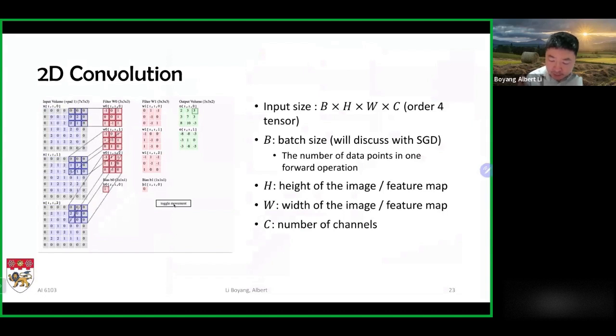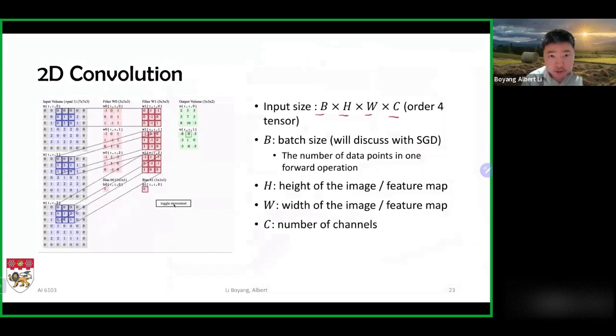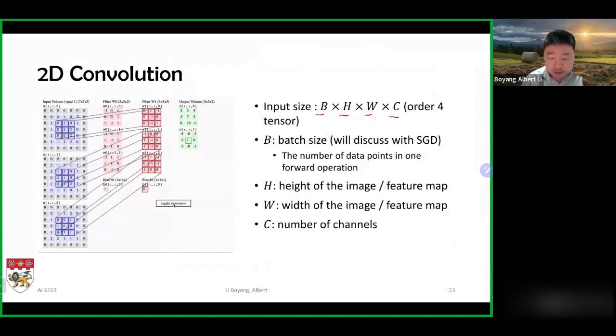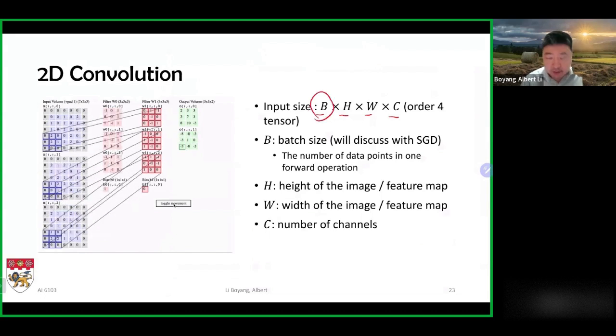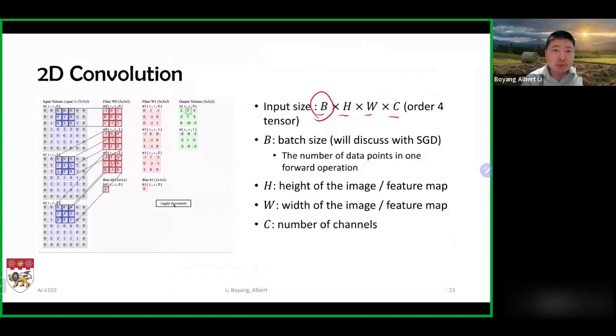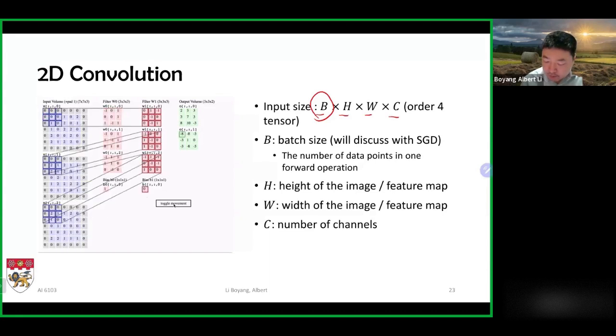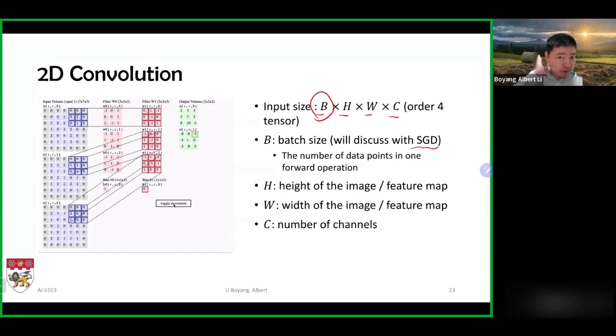So my input size to any convolution layer is typically B times H times W times C. Let me explain what these are. B is the batch size, so we could be processing multiple inputs at the same time. We will talk about batched gradient descent when we talk about stochastic gradient descent.